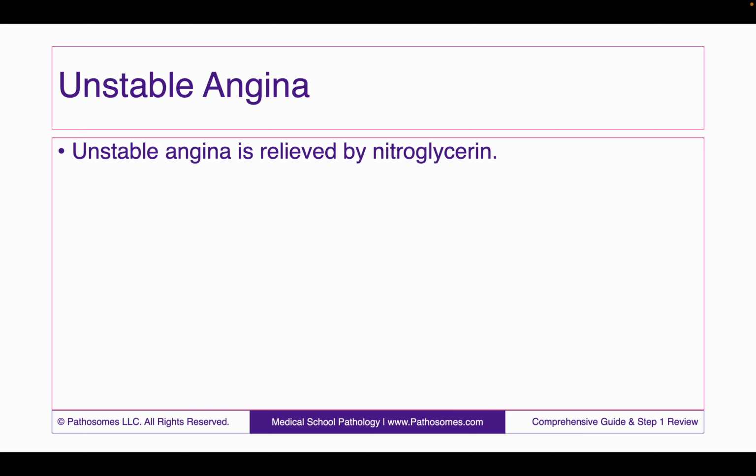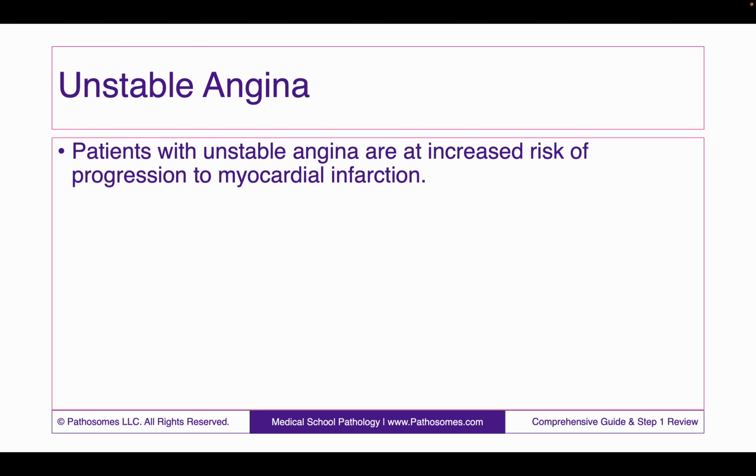And when they do that, the vessel diameter actually increases, allowing more blood to pass through and reach the end targets. Patients with unstable angina are at increased risk of progression to myocardial infarction.